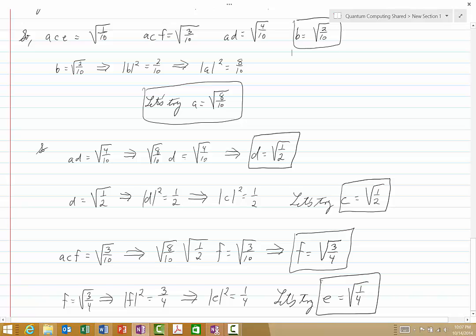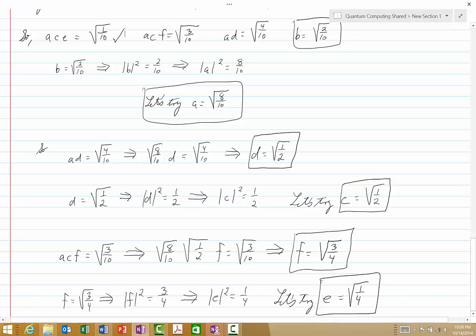So A times C times E, we'd have square root of 8/10 times the square root of 1/2, so that'd be square root of 4/10, and then times E would give us square root of 4/10 times the square root of 1/4, which is the square root of 1/10. And ACE is indeed square root of 1/10. So we do check with the first equation.